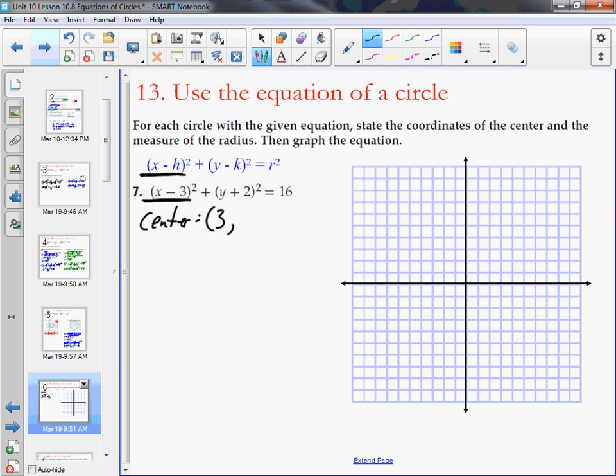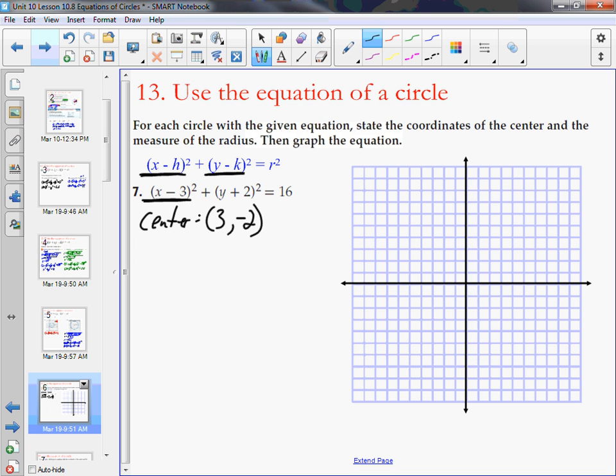Now we've got to do a little bit of work to get the y coordinate, because our standard form says y minus k, and our equation says y plus 2. You've got to think of it as a minus. So what's the same thing, using subtraction, as adding 2? Subtracting negative 2. So k is negative 2.